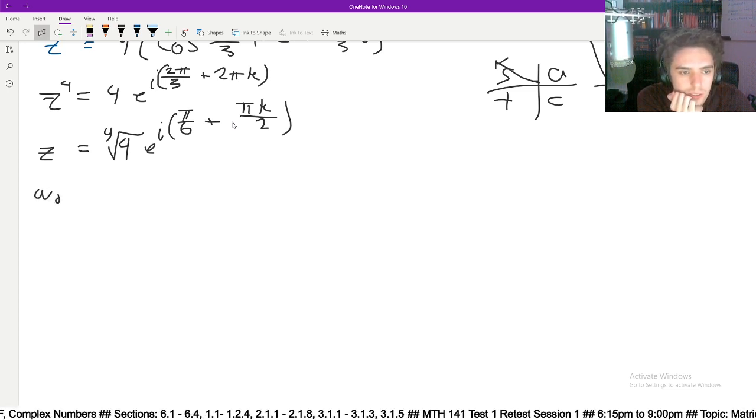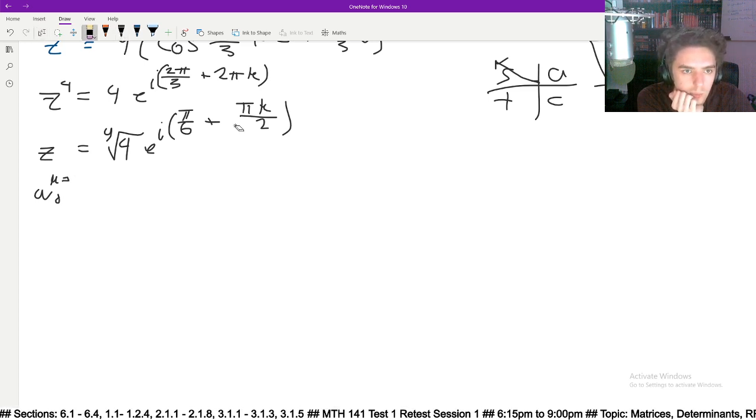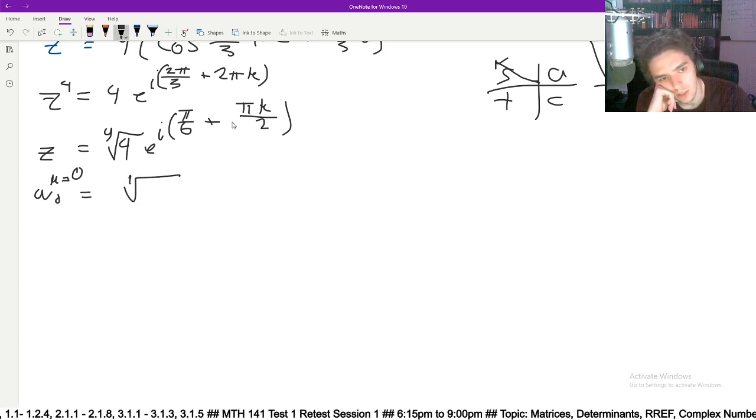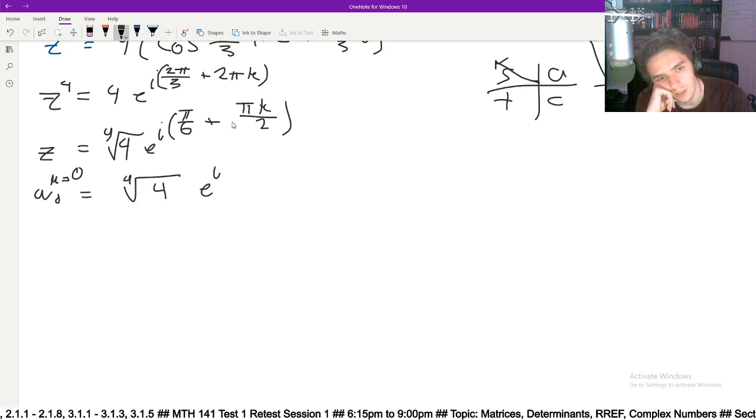Our first solution, omega 0, is when k equals 0. That's going to be the fourth root of 4 e to the i pi over 6.